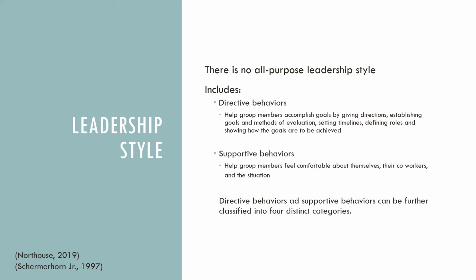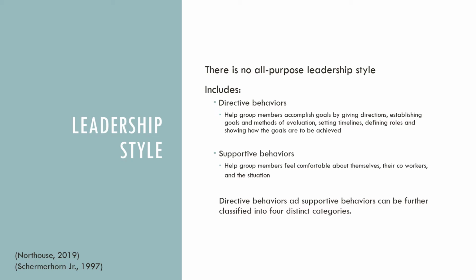They often coincide with one-way communication: how it is to be done, what is to be done, and who is responsible for doing it. On the other hand, supportive behaviors help group members feel comfortable about themselves, their coworkers, and the situation.